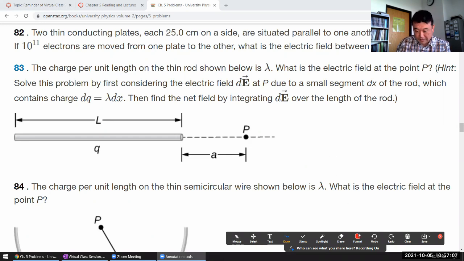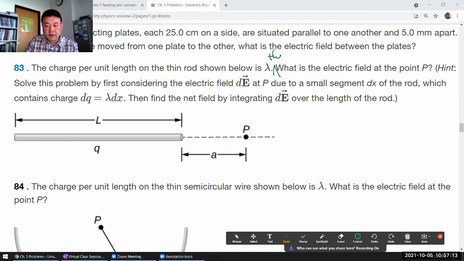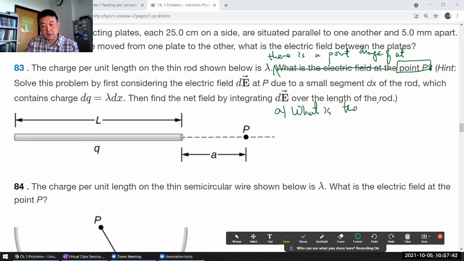Let's say instead of this exact question, we had the charge per unit length, and then there is a point charge Q at point P, and then they ask, what is the force on charge Q? This is the kind of question you can do by the method that you see described when I do this problem in one of the videos.